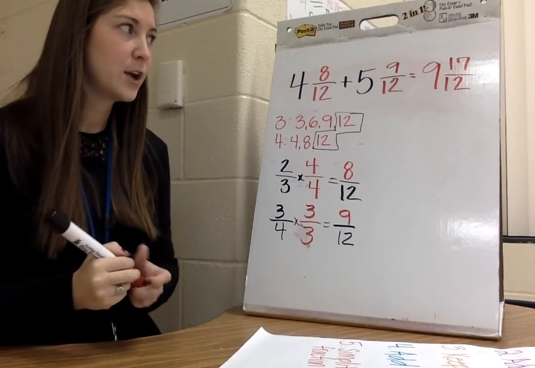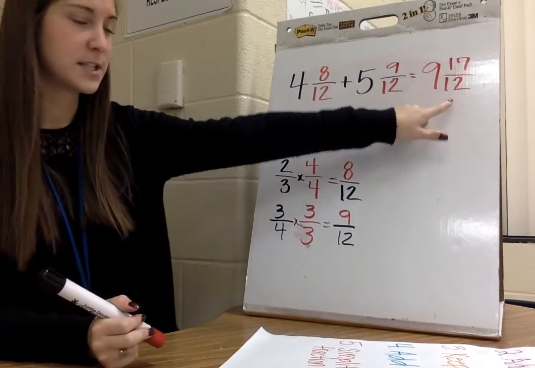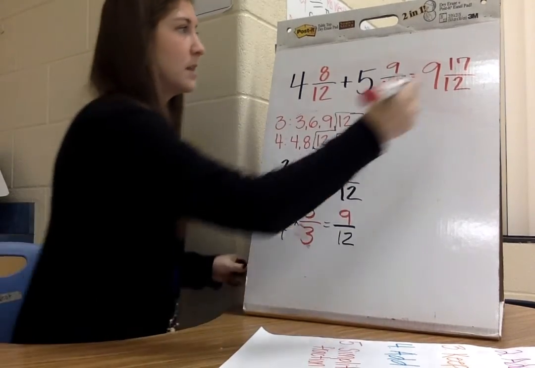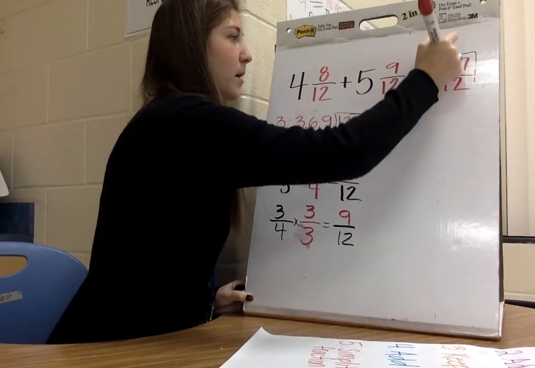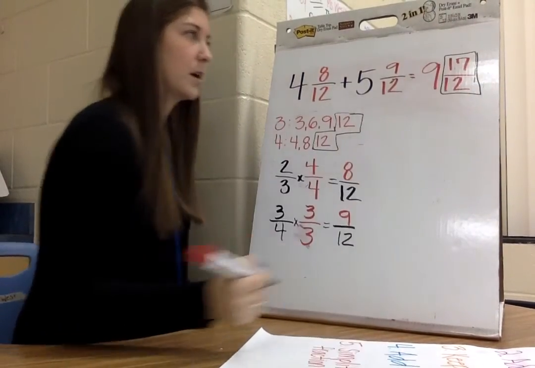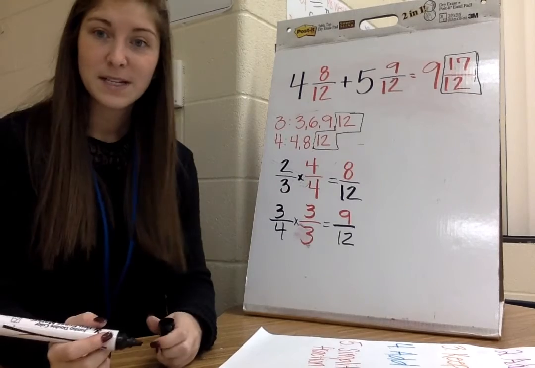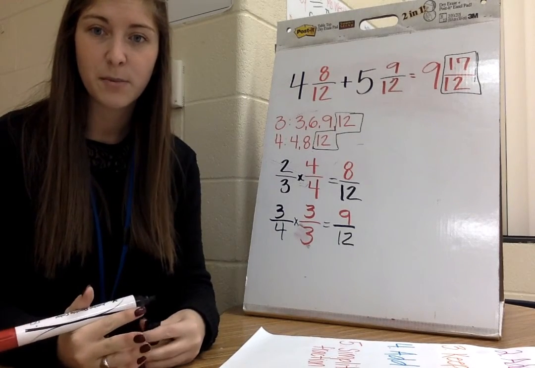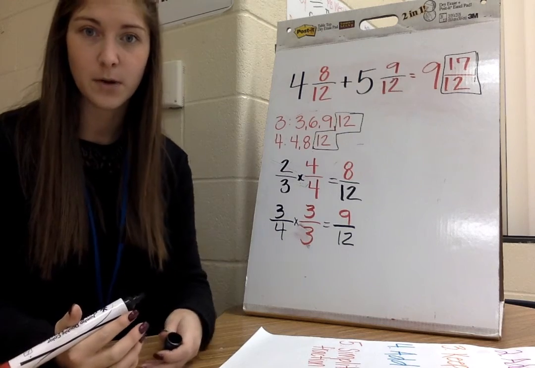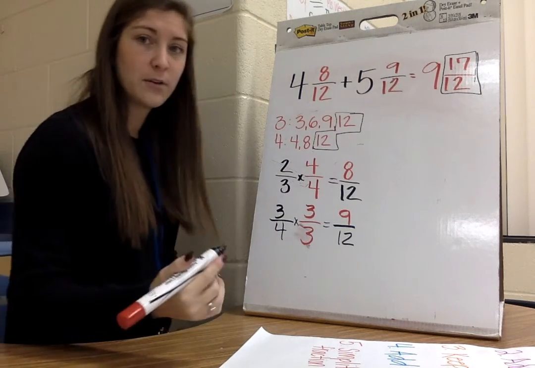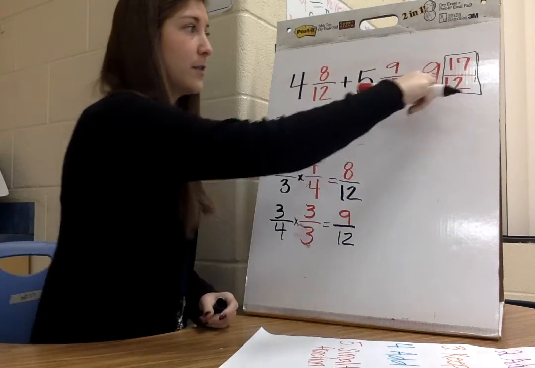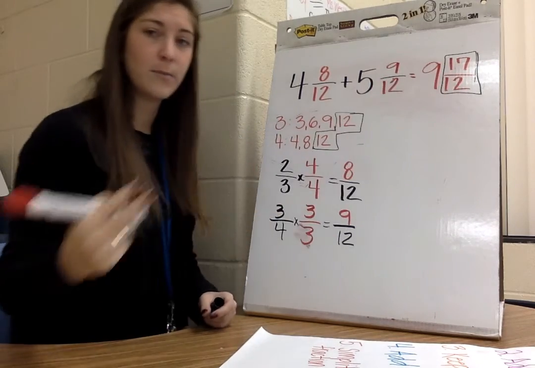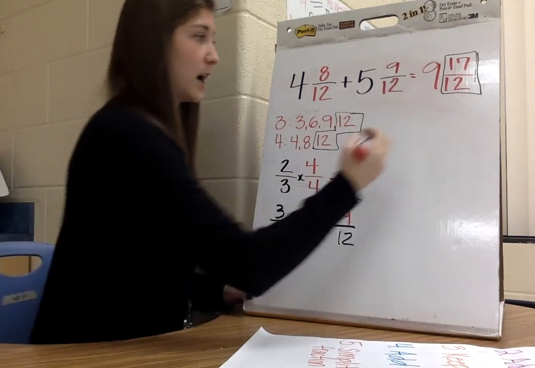Now, I noticed something about the fraction 17/12. This is what we call an improper fraction, okay? In a mixed number, we cannot have an improper fraction. So we have to change that improper fraction into a mixed number. Now, how do I do that? Well, we talked about the fraction bar meaning division, so you're going to have to divide.